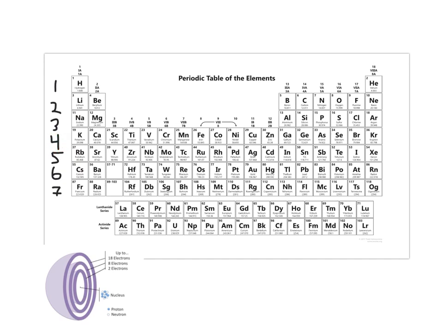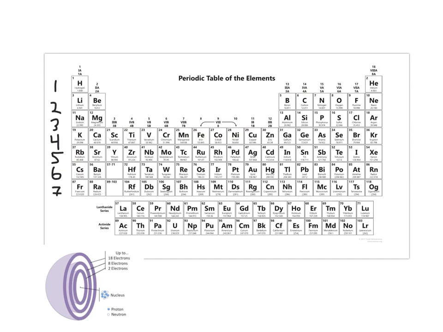There are several different ways to name the columns. The older numbering system uses 1A, 2A, and then we have a bunch of B-type columns, and then 3A, 4A, 5A, 6A, 7A. If we use that numbering system, then the number of the column refers to the number of electrons in the outermost shell.